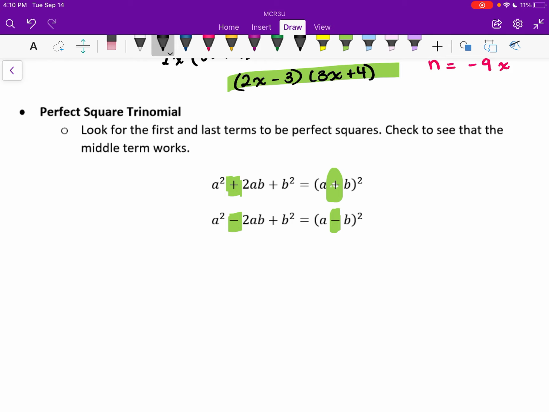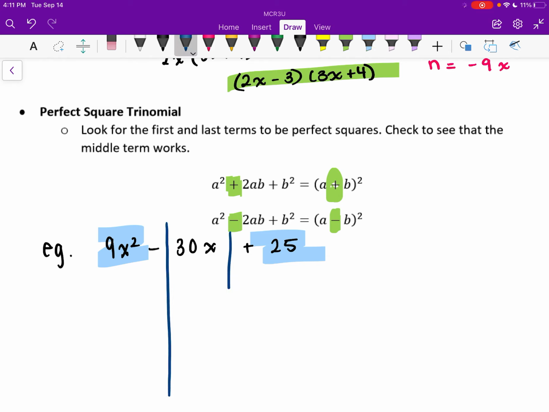So let's do one example together. We'll do 9x squared minus 30x plus 25, right? Easy peasy. I noticed that this is a perfect square and this is a perfect square, so I want to check if this is a perfect square trinomial. What I like to do is split it up into these two components.